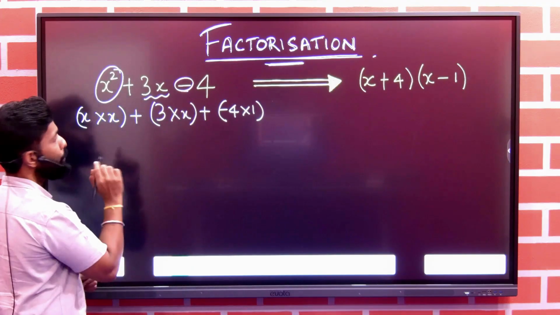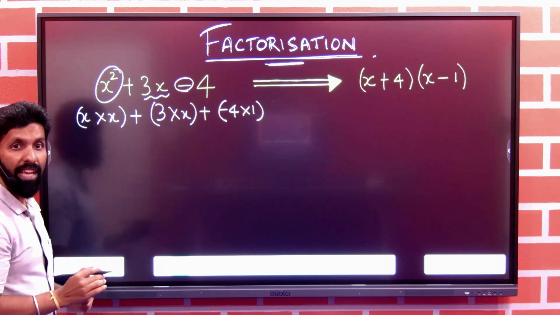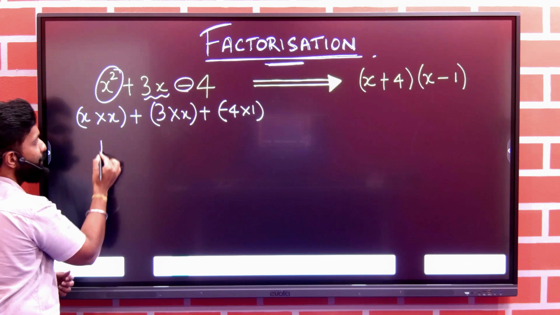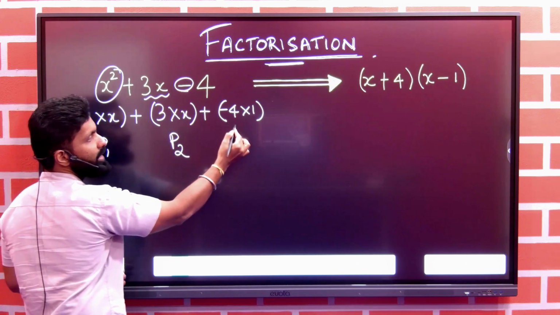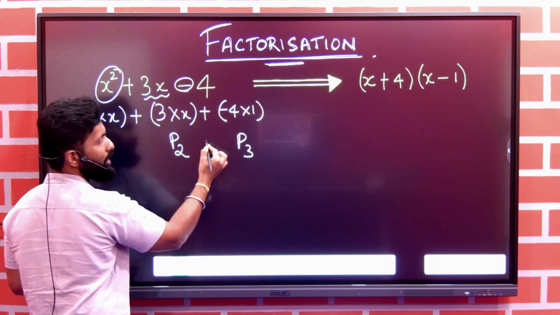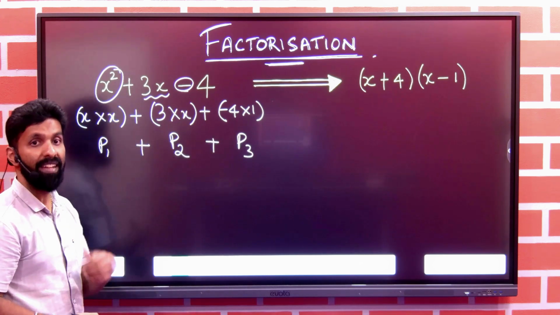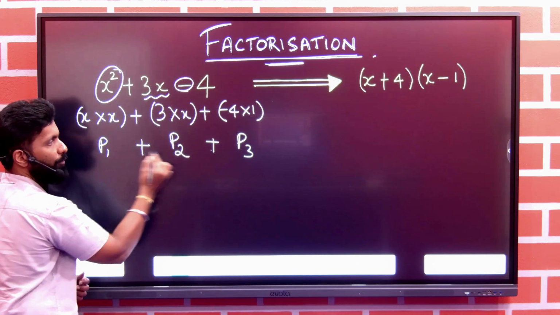Now please concentrate. x multiplied by x. Multiplication, another word used for it is product. So this is the first product, this is the second product, and this is the third product. And what sign is there in between? There are plus signs. For addition, there is another word used, isn't it? So can I call this a sum of many products?